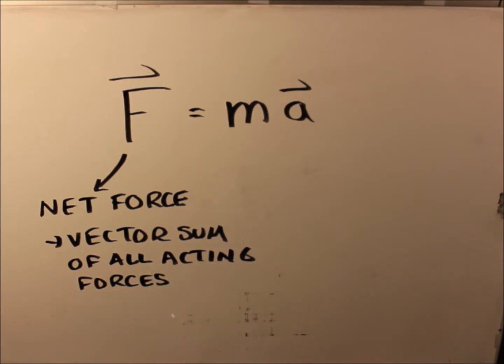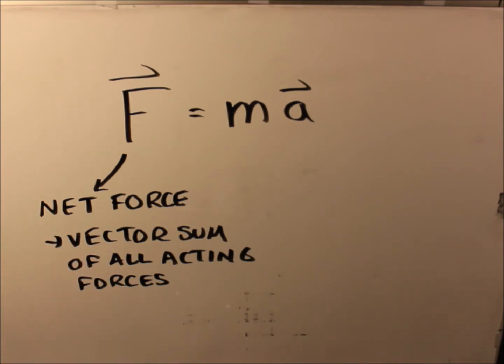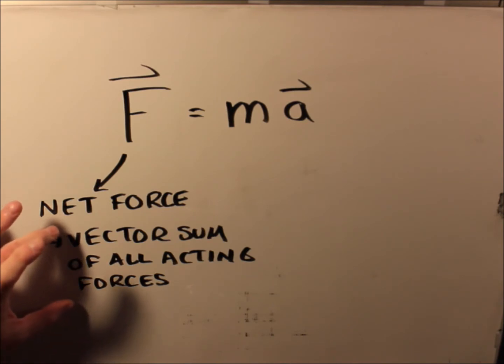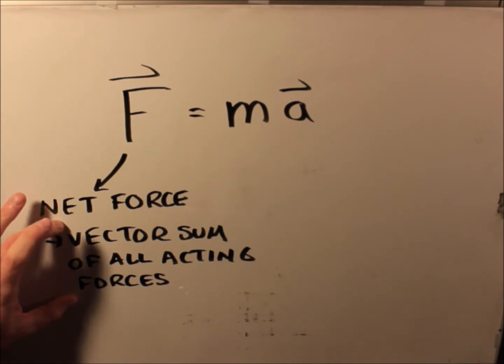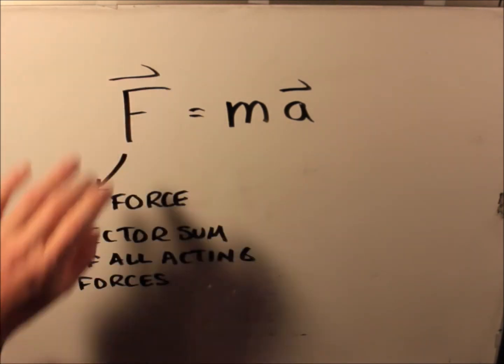So we could have 50 forces acting on an object from different directions, different magnitudes, and what have you, and we add them up in a legitimate vector way. So as you've seen in my previous videos, we would add them component-wise to obtain a net force, which is the force that is here.